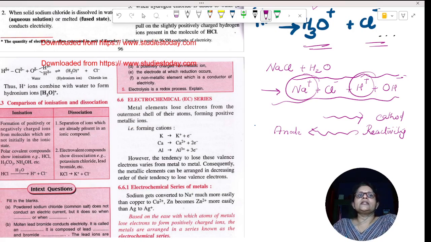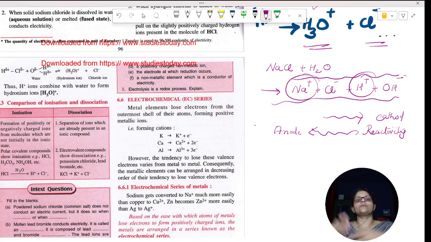In the case of dissociation, the ions are already present in their ionic form inside the whole crystal. Polar covalent compounds show ionization. Examples of covalent compounds are HCl, H2CO3, which is carbonic acid, and NH4OH, a base, which is ammonium hydroxide.